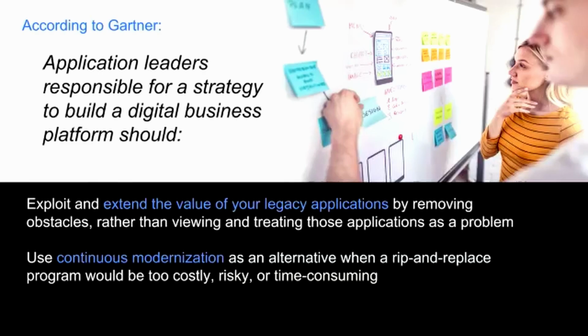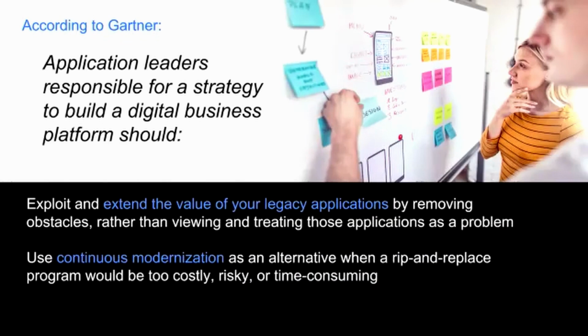So according to Gartner, application leaders responsible for a strategy to build a digital platform should, number one, exploit and extend the value of legacy applications by removing obstacles, and use continuous modernization as an alternative when a rip and replace program would be too costly. So there's two key points there.